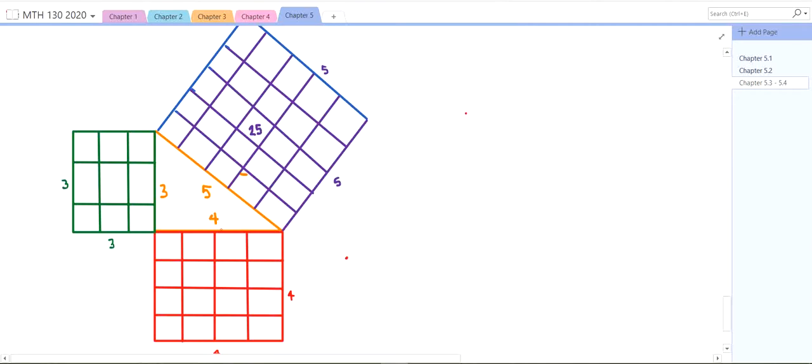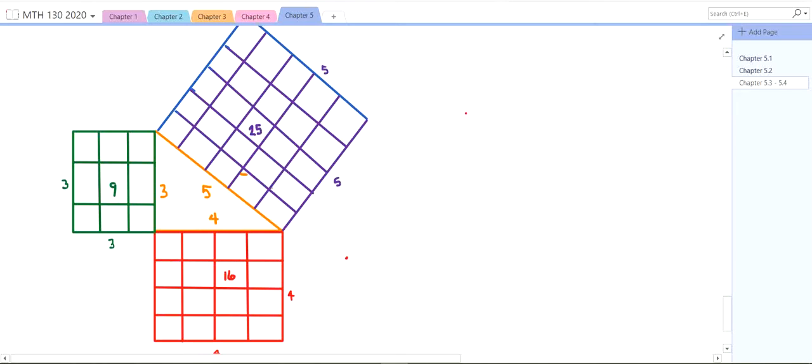Okay, do the same thing on the 4 side. You have 4 this way, 4 this way, for a total of 16. Then over here you have 3 by 3. So the area is 9. Well, the number of squares is 9.